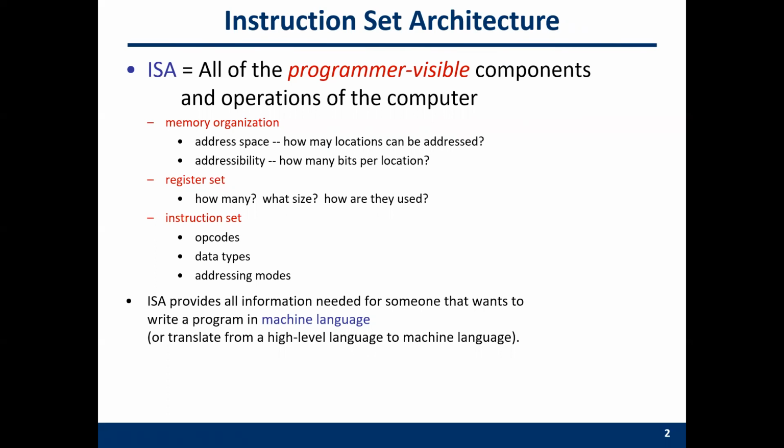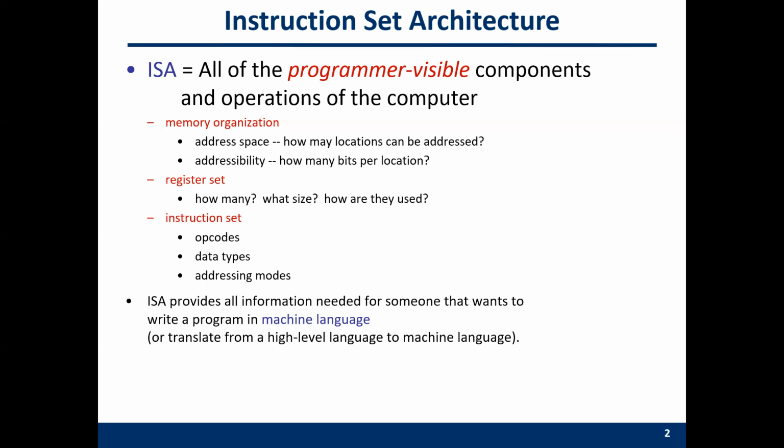What's the minimum unit you can read and write? For example, maybe 2 kilobytes each time, or 4 kilobytes each time. And addressability, which means the minimum unit you can index, how many bits per location.